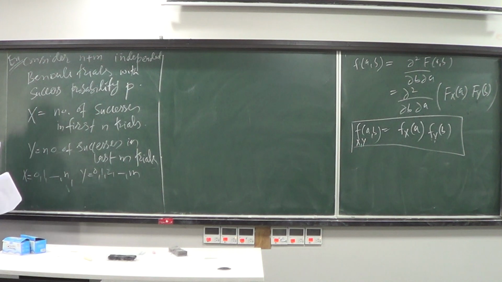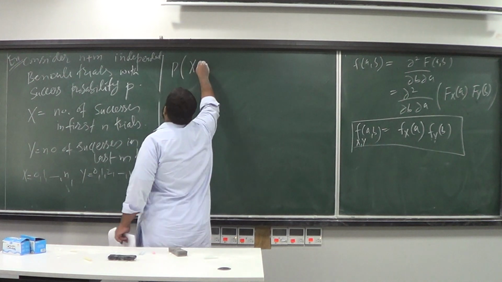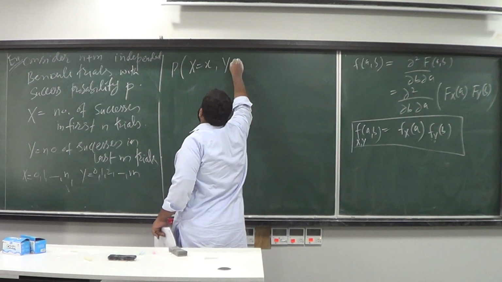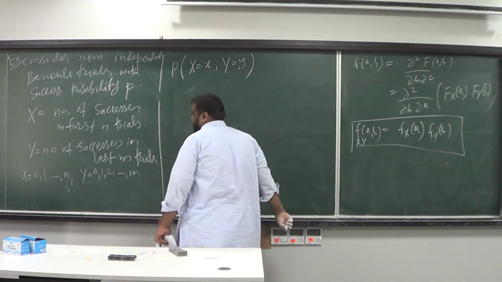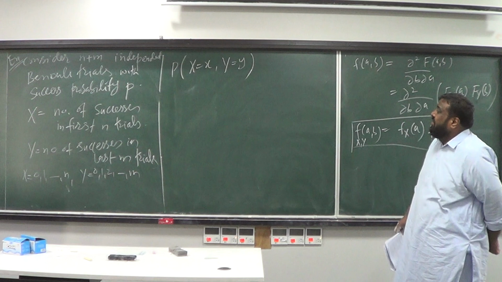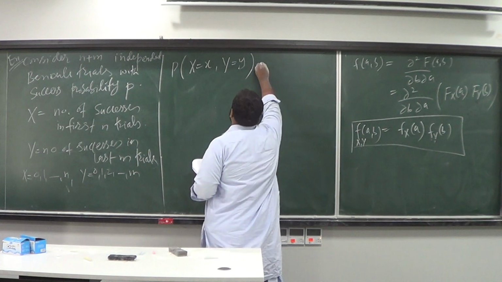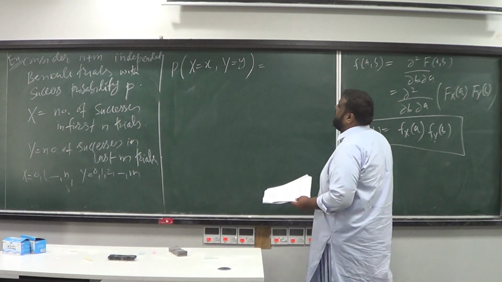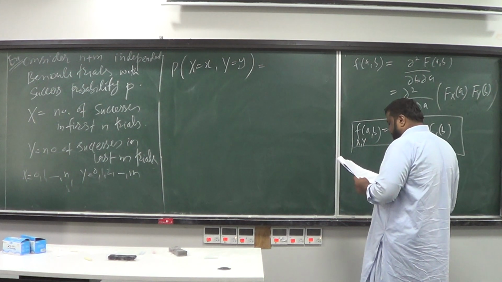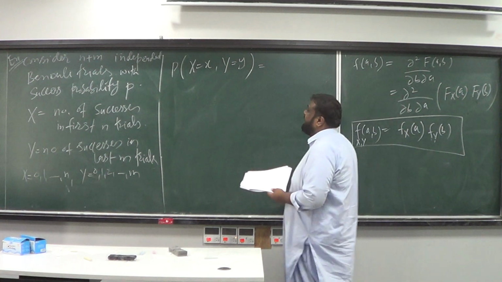Now if I ask you what is the probability that you have x successes in the first n trials and y successes in the last m trials? How can you compute it? It is the probability of x successes out of n trials and y successes out of m trials. So what is x successes out of n trials?